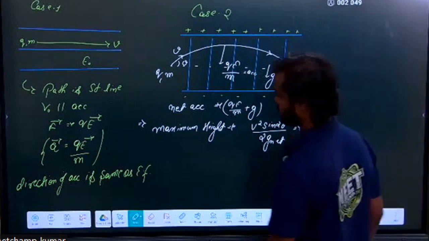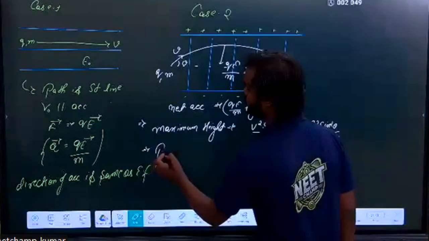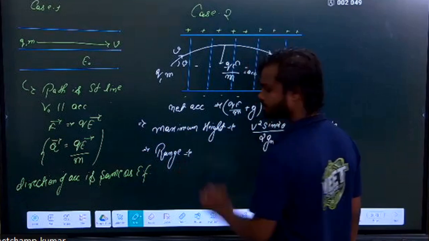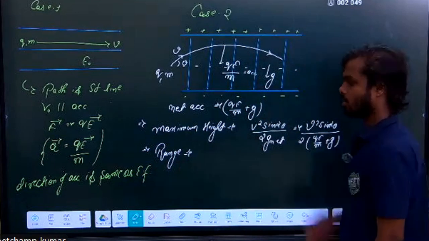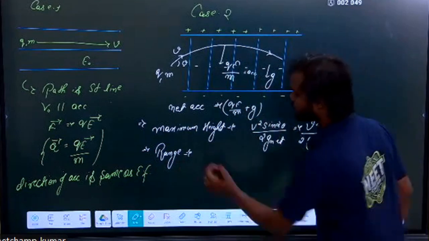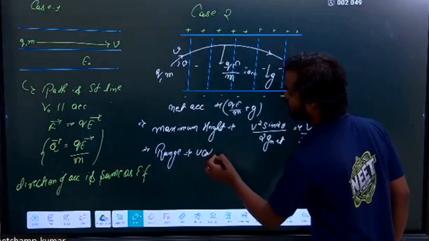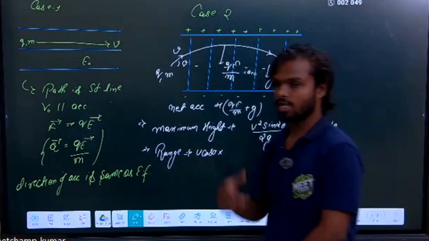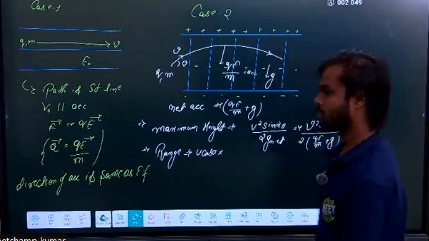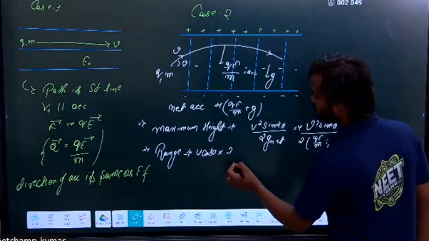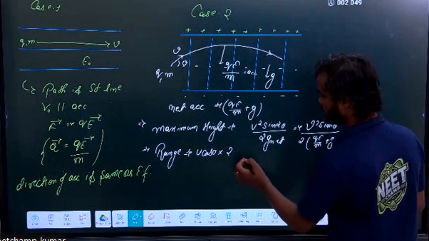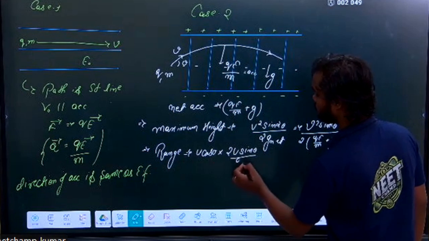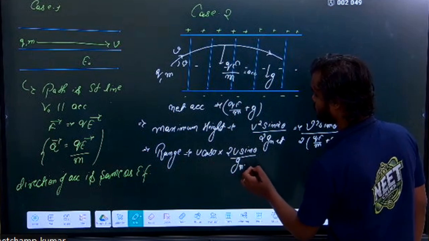Okay, net acceleration. Second, I can ask you the range also. How do you calculate the range? Range is u cos theta into time of flight. What is the time of flight? Time of flight is 2u sine theta by G, right? But in place of G, you have to write G net.